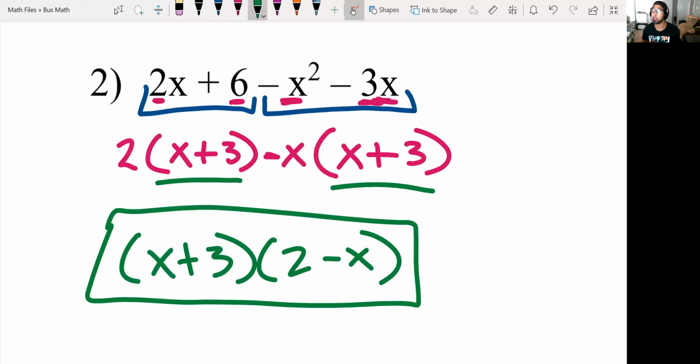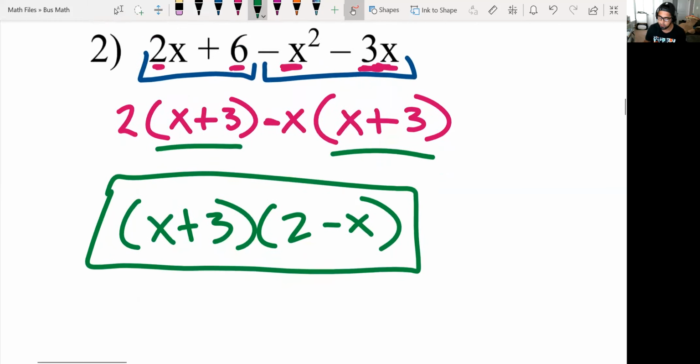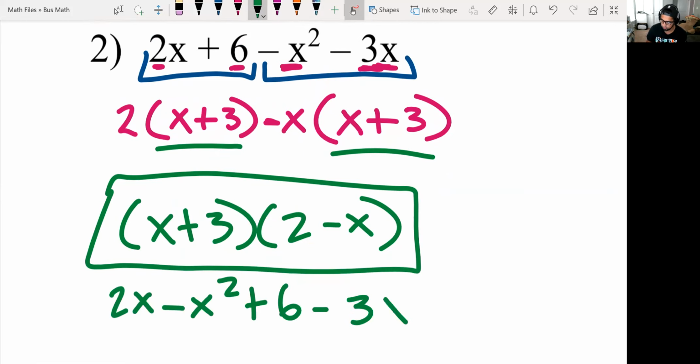Oh yeah, and a way to check your work is to FOIL everything out. Let's run through that really fast. If I FOILed everything out, I'd get 2x minus x squared plus 6 minus 3x. Now, sure, it doesn't look like the one above, but if you did some rearranging or just matched the terms, we would have the same.